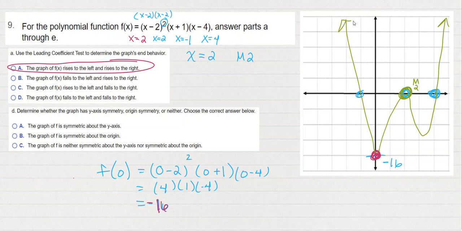So to fit all of this together, we've got to be going up on both ends. We've got to get to all 3 of these intercepts and also get the y-intercept. So I know I've got to bounce back someplace, and the bounce back comes with that multiplicity of 2. So the graph would look something like this.